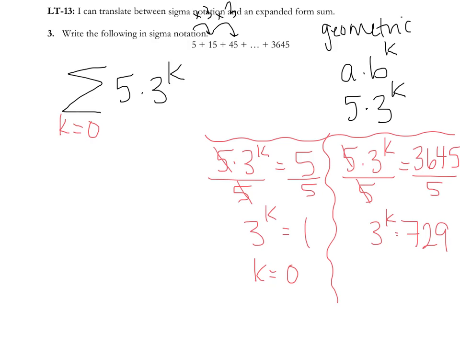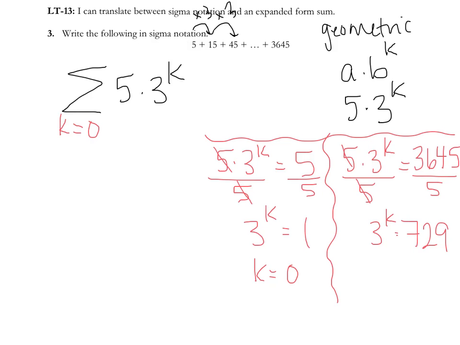Now, once again, there is a way of solving for k. It involves logs, which we'll learn later on in the year. For now, you just sort of have to guess and check, like play around on your calculator and do 3 to different powers until you end up getting 729. So you might guess, oh, maybe it's 5, and see is that above or below 729. If it's below, then you want to keep going up in your k value.